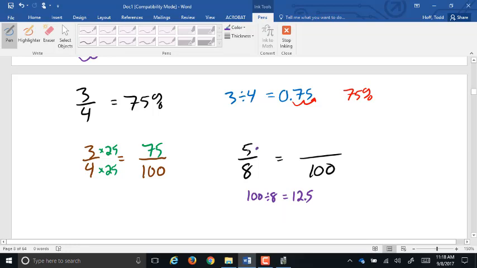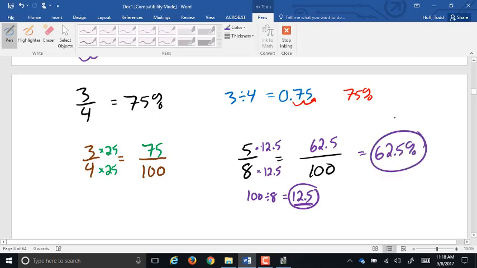What am I going to do then to my 5? I'm going to multiply by the 12.5. Because what I did down here is I had multiplied the 8 by 12.5 to make 100. I have to multiply by that 12.5 up here to make 62.5 out of 100, or 62.5%.